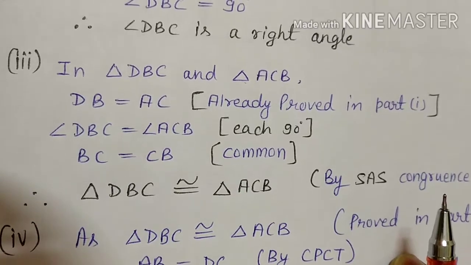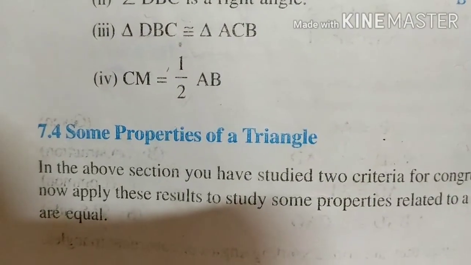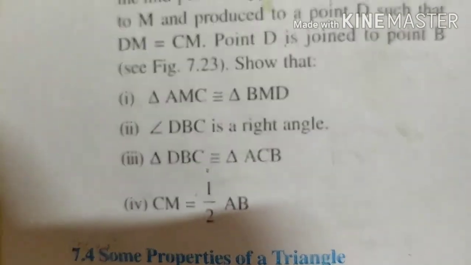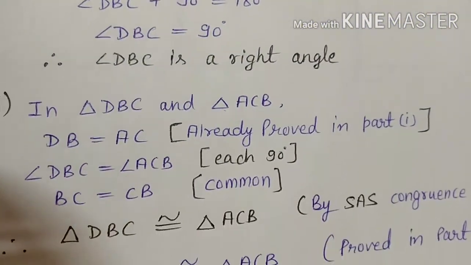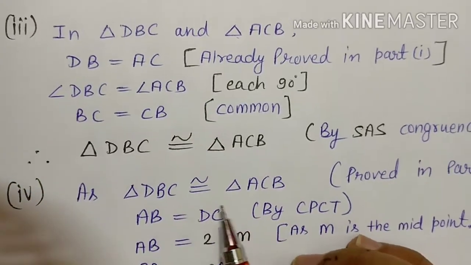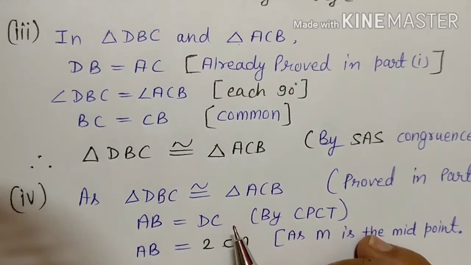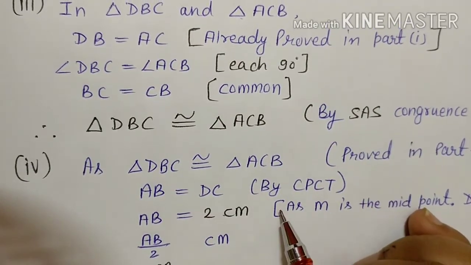Now in the fourth part we have to prove that CM equals half of AB. As you can see here, CM equals half of AB. This is what we have to prove. In triangles DBC and ACB, we have just proved they are congruent. So if they are congruent, their corresponding parts are also equal. So AB equals DC by CPCT.